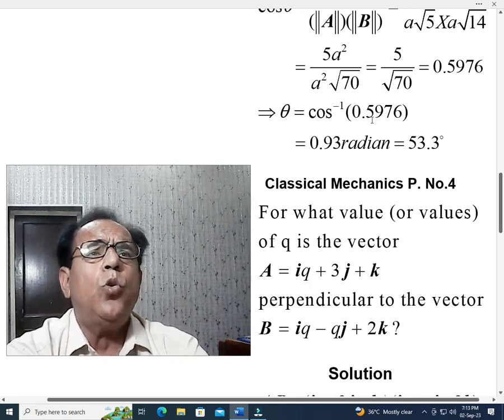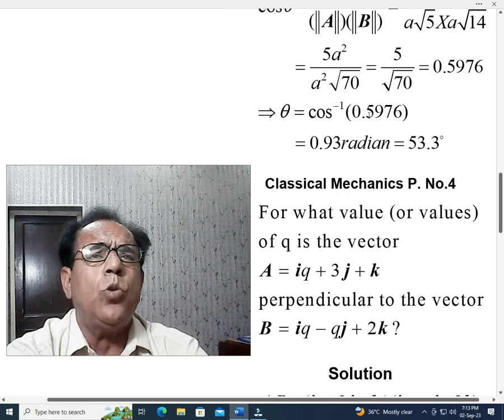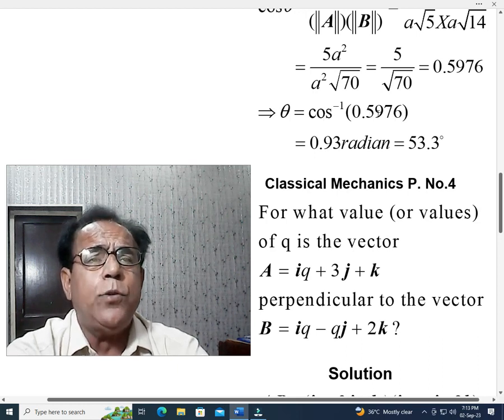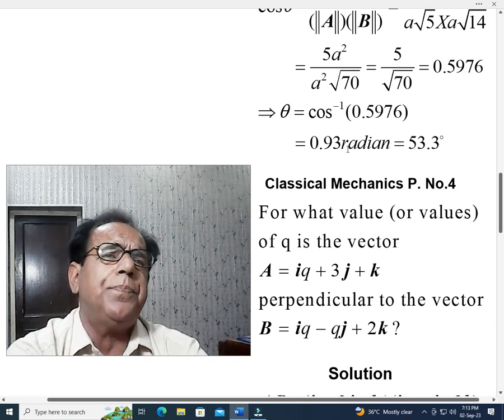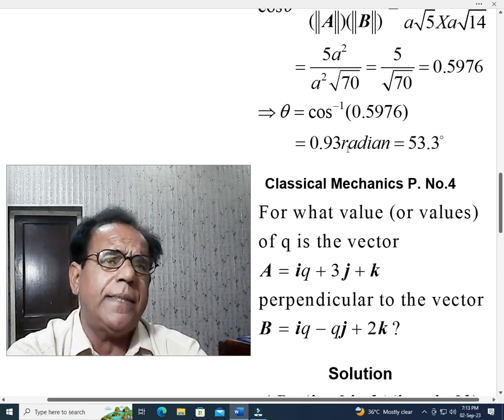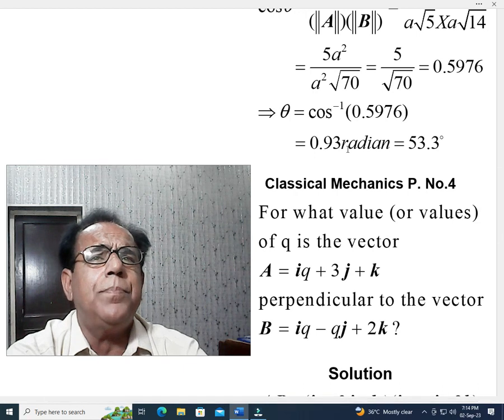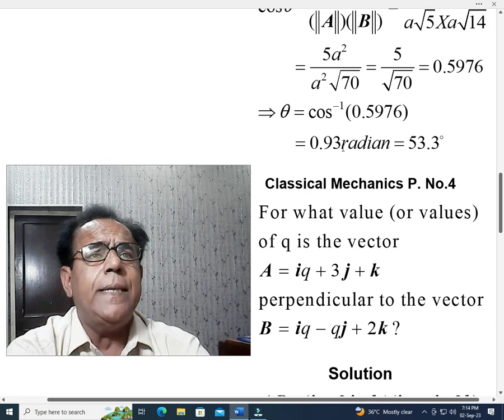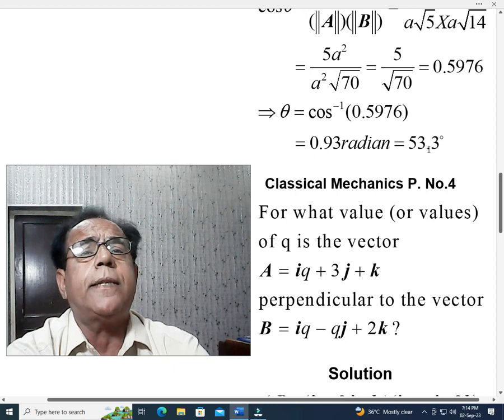So theta becomes equal to cos inverse of this, and this value is given in two different ways, in radians and in degrees. The angle in radians is 0.93 radians, while in degrees it is 53.3 degrees.